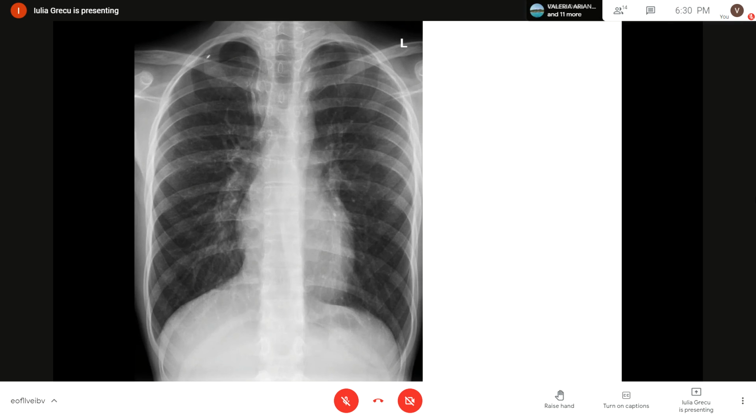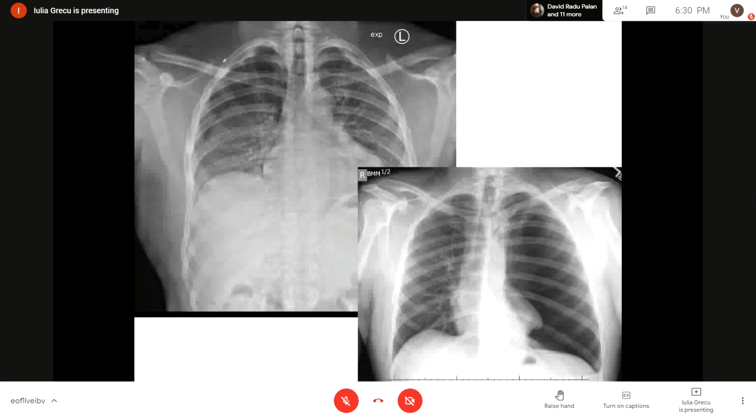Small quantities of pneumothorax are best identified by CT scan if you're not sure on the chest X-ray. If the air in the pleura is in a medium or high quantity, you should have no problem identifying it by these signs that we discussed.